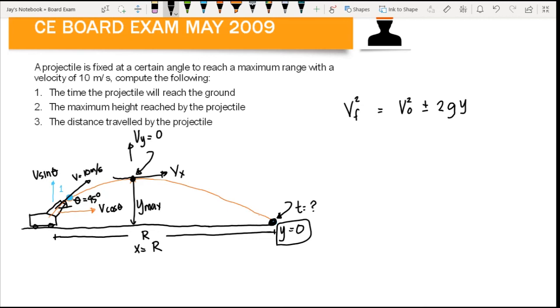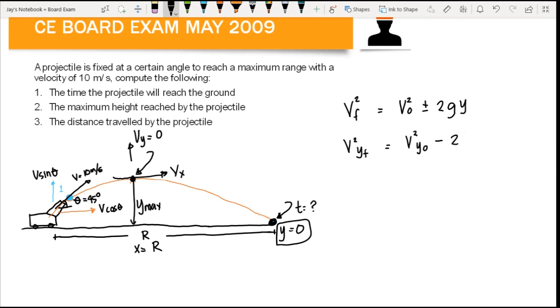So we have this vyf squared, our y final, is equal to vyo squared, y initial. This y here indicates a vertical component of the velocity, while f is the final and o is the original or the initial. And since again our object is moving upward, we have to use the negative sign. That means the object is acting against the gravitational pull.